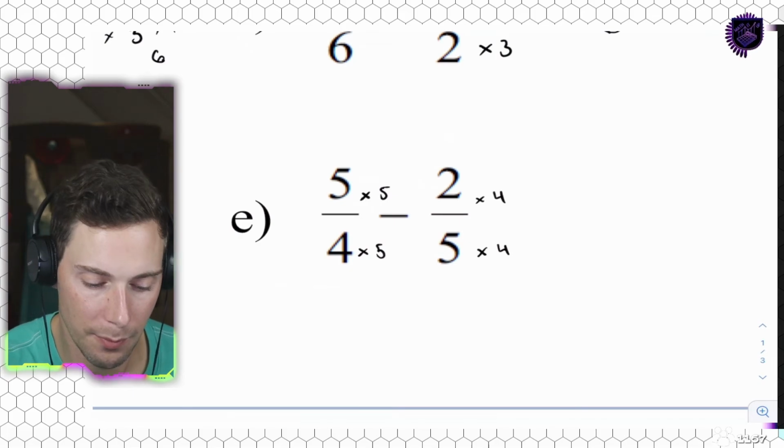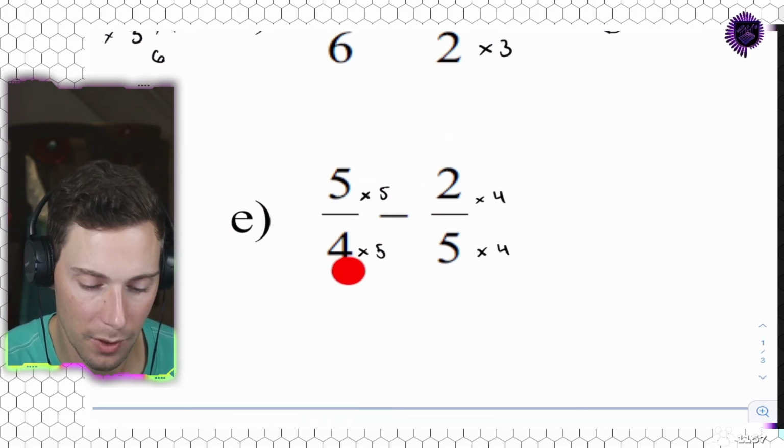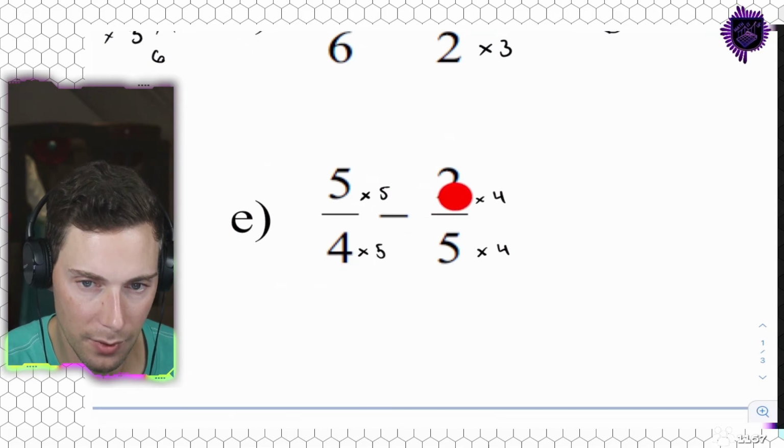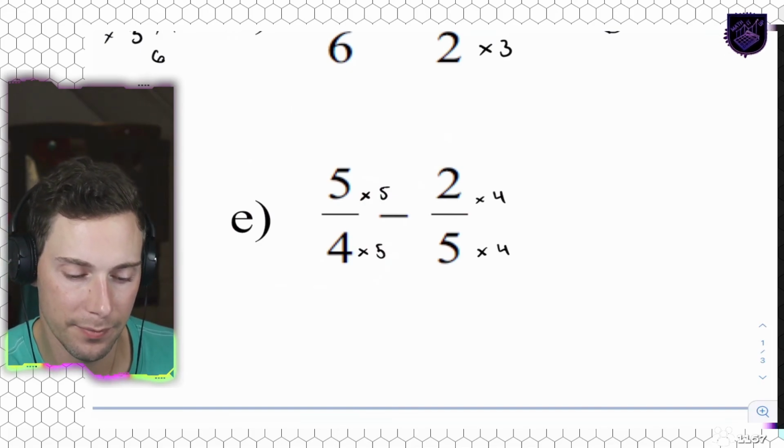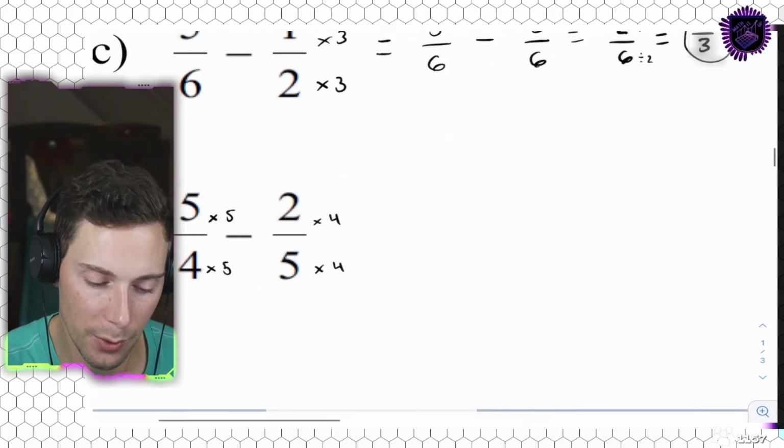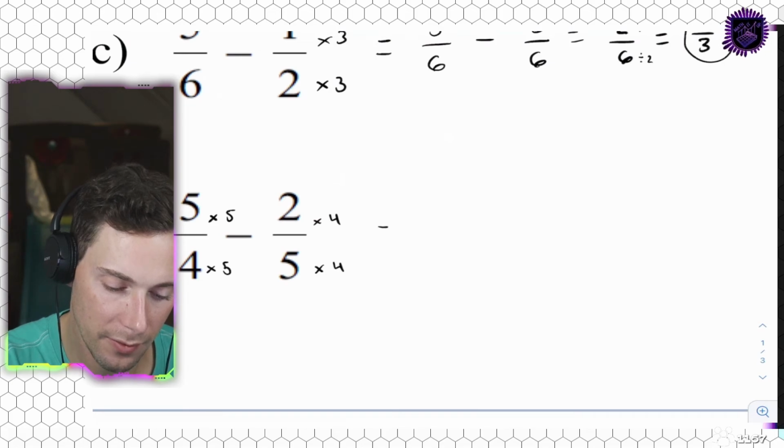So we're multiplying 4 by 5 and 4 by 2, 5 and 4 and 5 and 5. We'll write out our equivalent fraction.